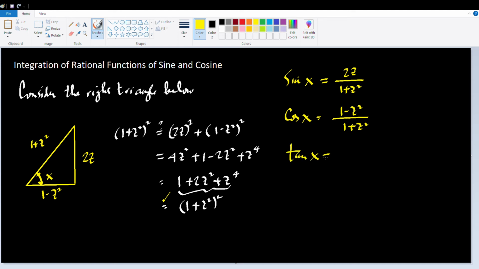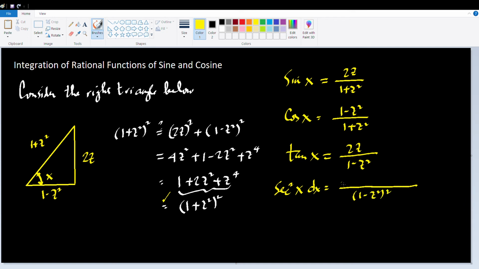So, tangent x will be equal to sine over cosine. That will be 2z all over 1 minus z squared. Then let us take the differential of both sides. So that will be secant squared x dx equal to, we have here a quotient, so 1 minus z squared squared.